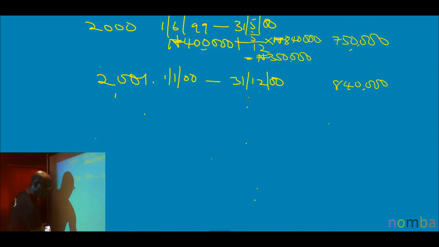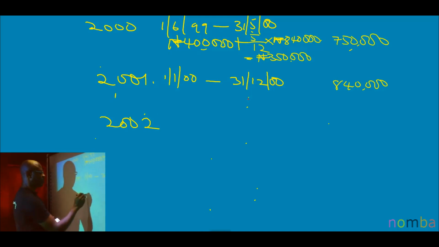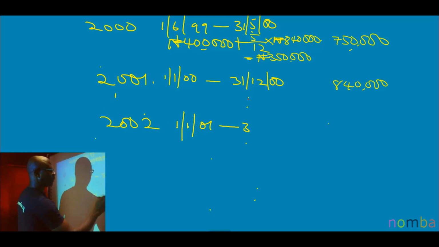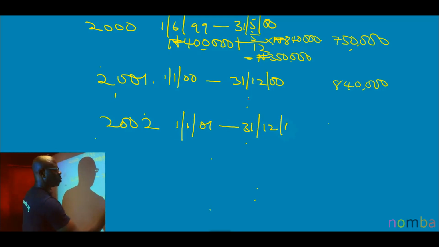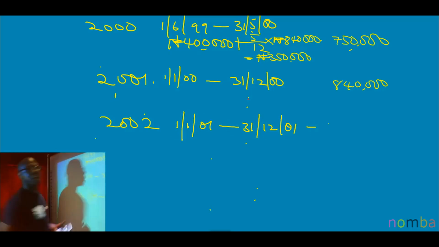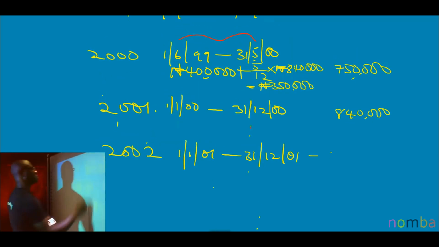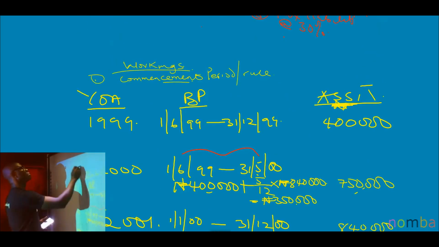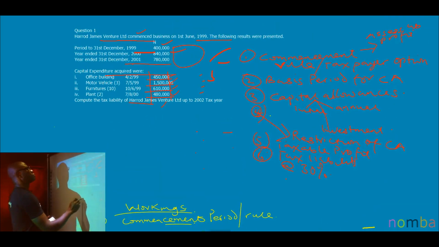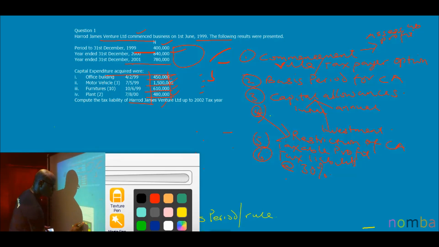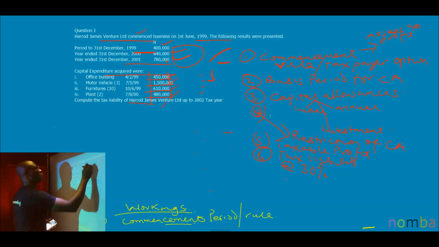So that means I will go down to 2002. The basis period will be 1/1/01 to 31st December 01. And the amount will be how much? We go again and check the amount. That is the last part there. 780.